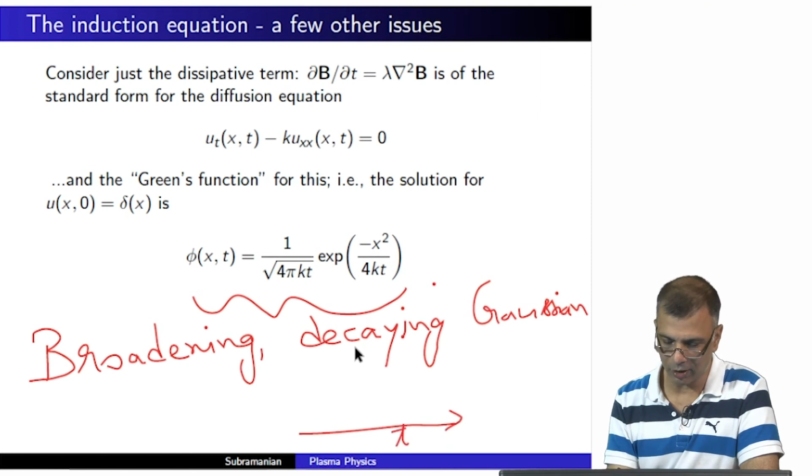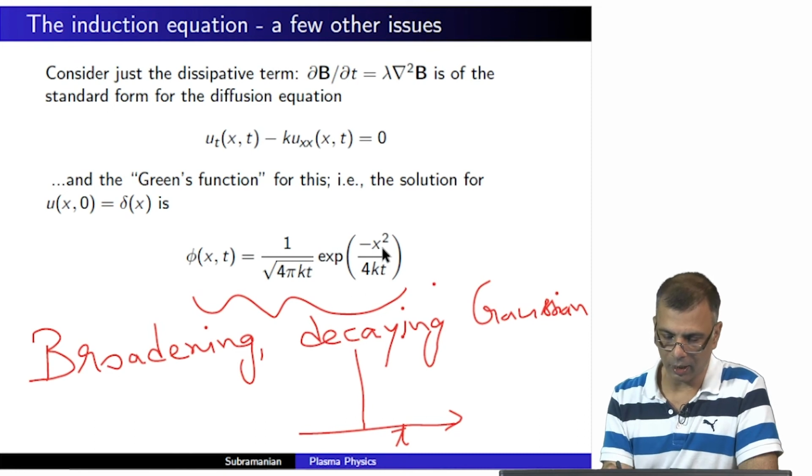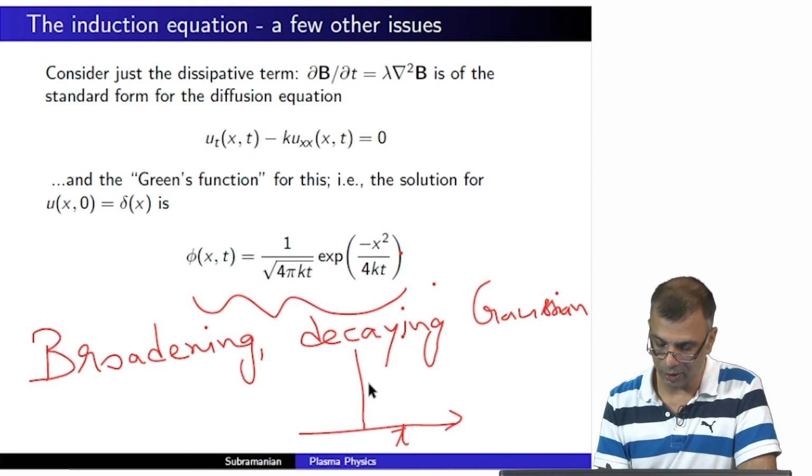You started out with a delta function like this, and with increasing time, the variance increases and the height decreases. So, you started out with a delta function at time t equals 0, and at a later time, it would look like this.